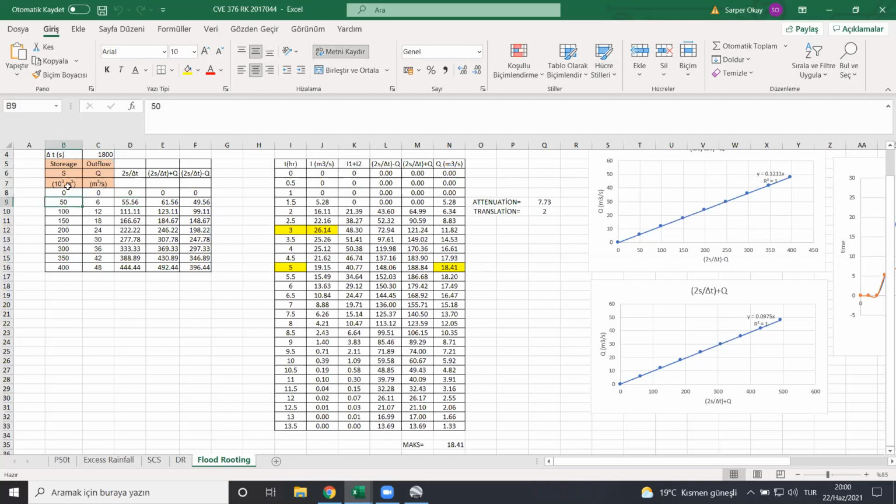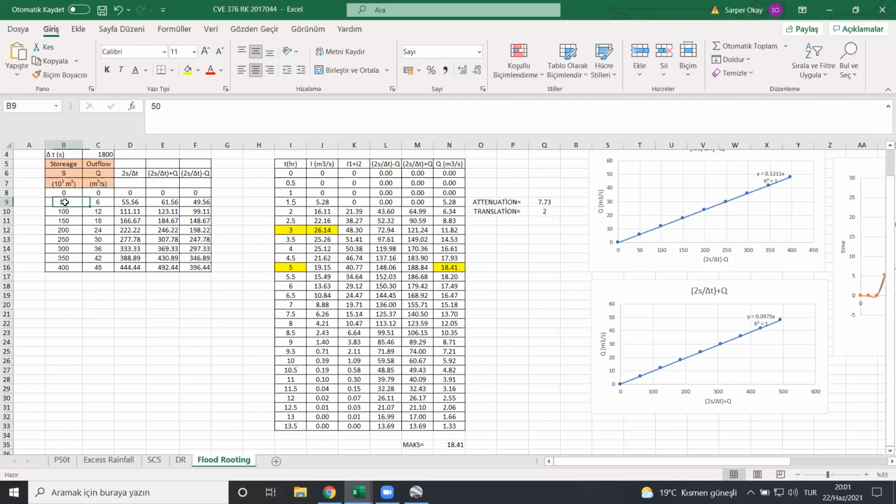I just forgot that this is not 50 meter cube. It's 50 times 10 to the power 3 meter cube. So it's actually 50,000, 100,000, 150,000 meter cubes because of this number here. This is why he put 1,000 here, because 10 to the power 3 means 1,000.